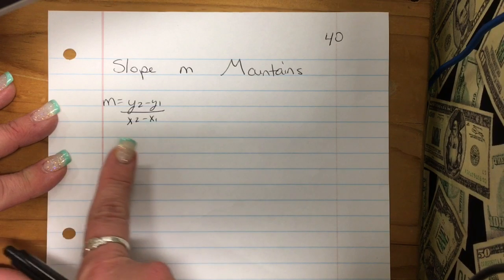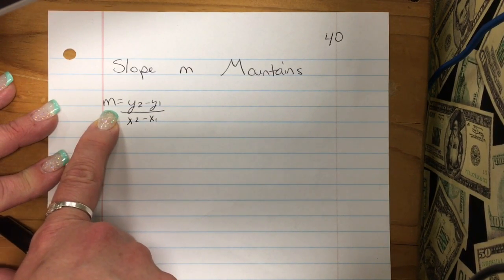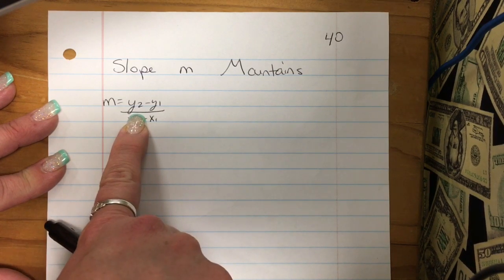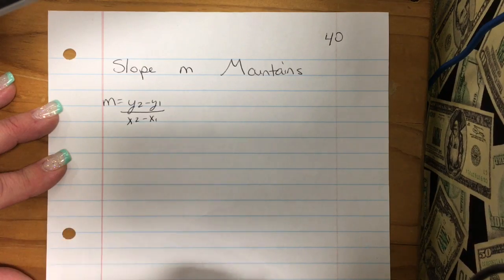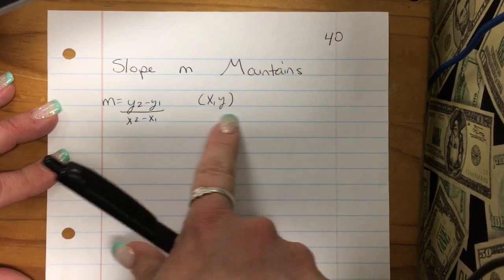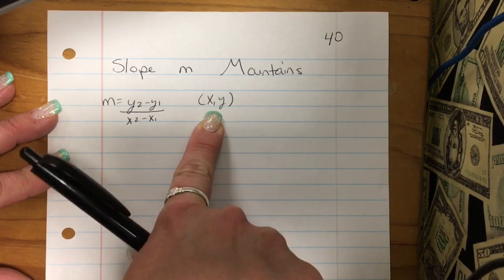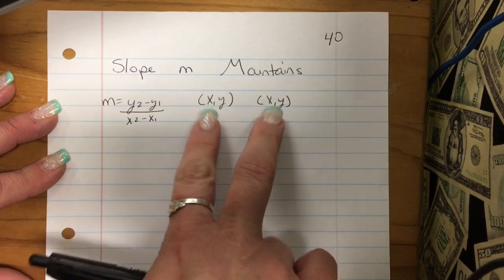All right, we're going to find the slope by using this equation. Slope, M, is equal to y2 minus y1 divided by x2 minus x1. If you think about an ordered pair, ordered pairs come with an x and a y. We're going to be using 2 different ordered pairs to find the slope.